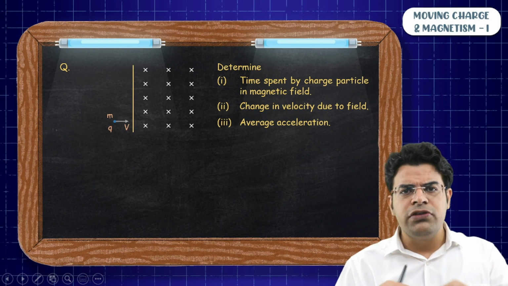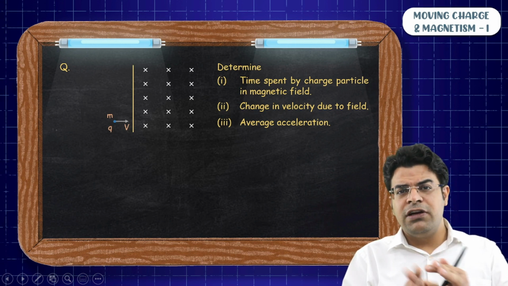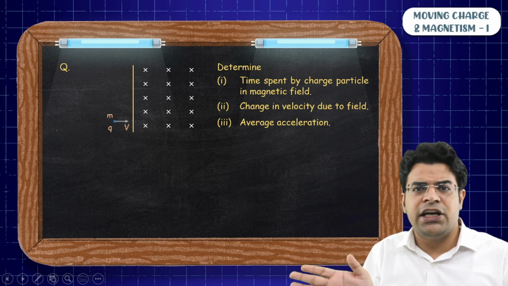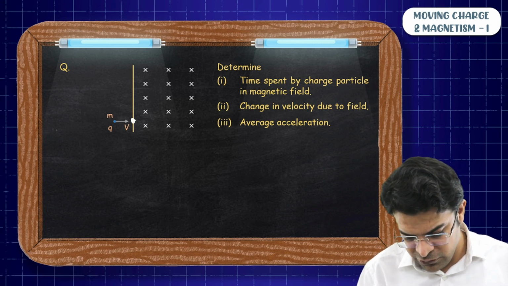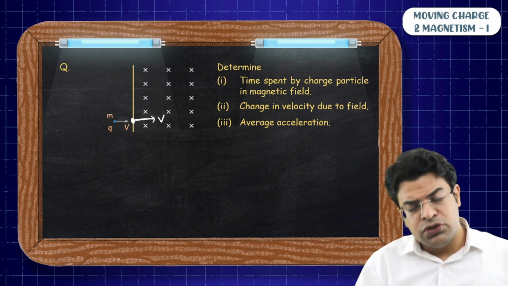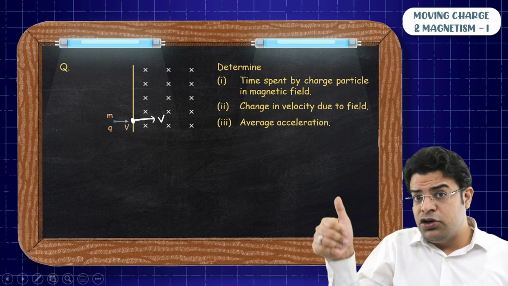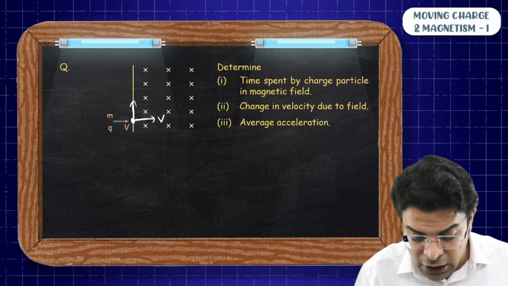So how to solve this particular question? It's easy if you visualize. As soon as the charged particle enters, what is the direction of magnetic force? The velocity is towards right, the magnetic field is inward. So assuming the charged particle to be positive, the force will be upwards and along the radial direction.